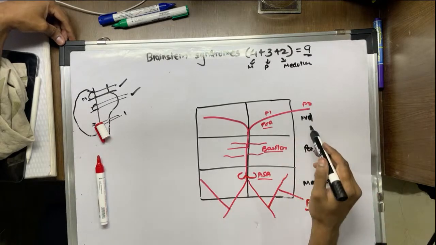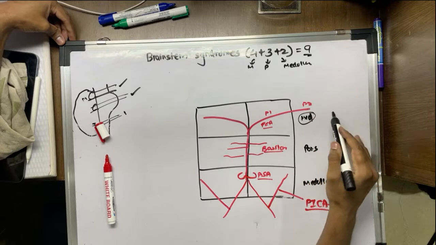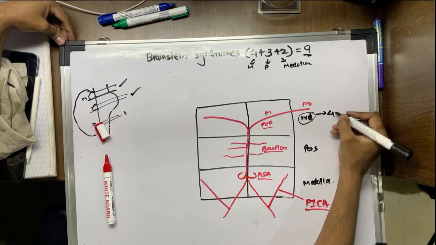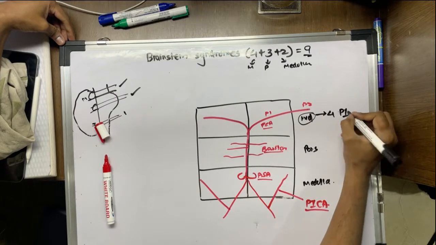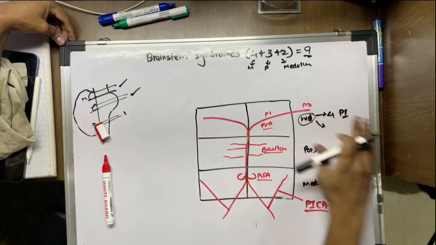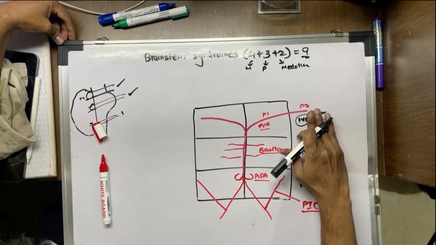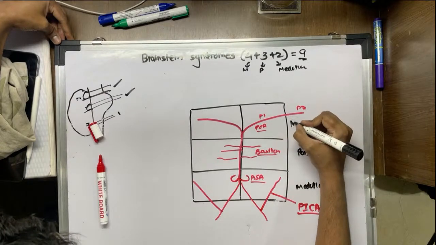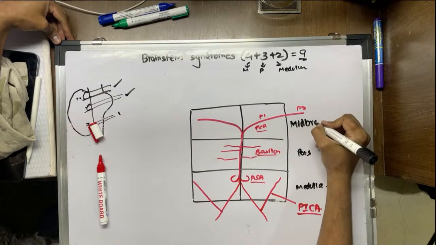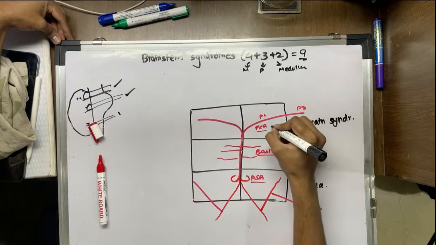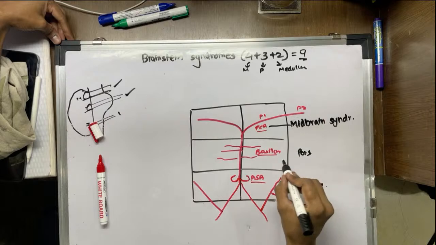So whatever the syndromes in the midbrain, all the 4 syndromes will happen due to a P1 block of the PCA. I'll write it more clearly: midbrain syndromes are because of PCA.